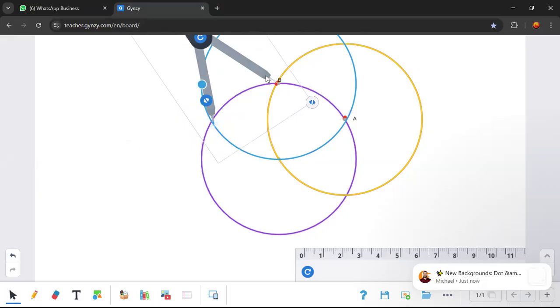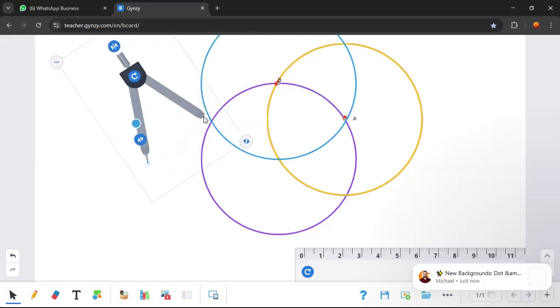So in this way, draw another four circles of radius 4 centimeters with their centers on the first circle. You have to draw these kinds of circles, another four circles, using the previous method.